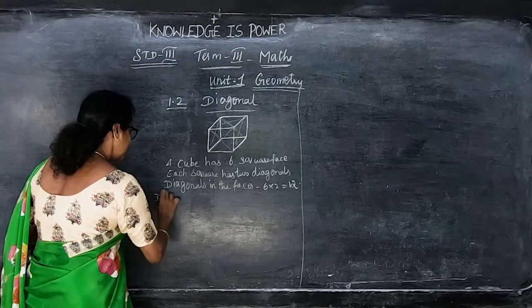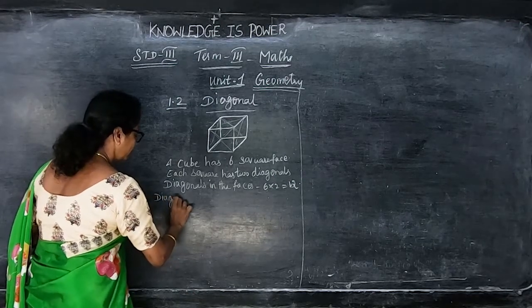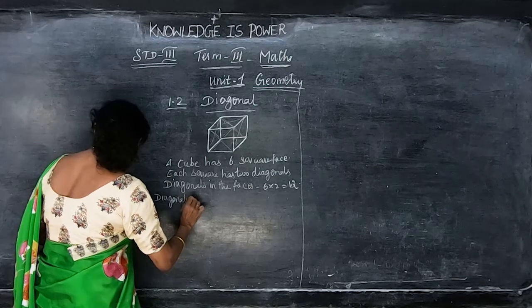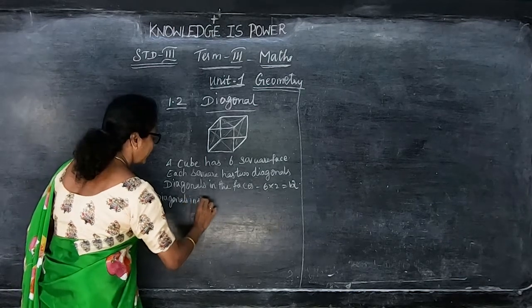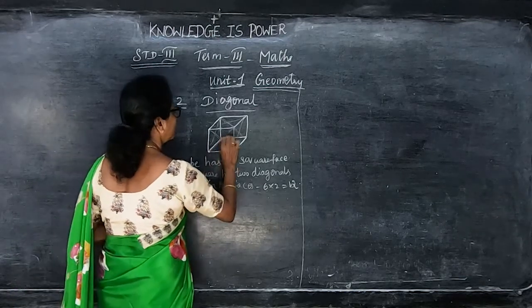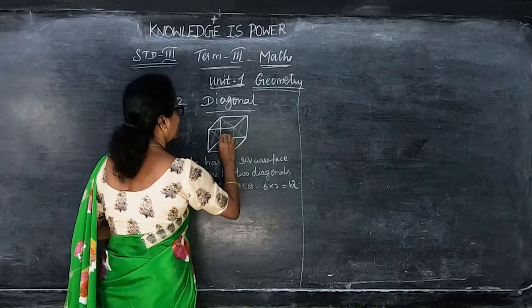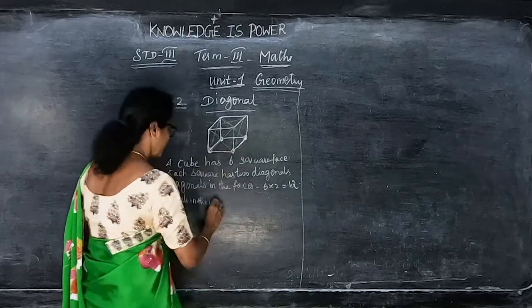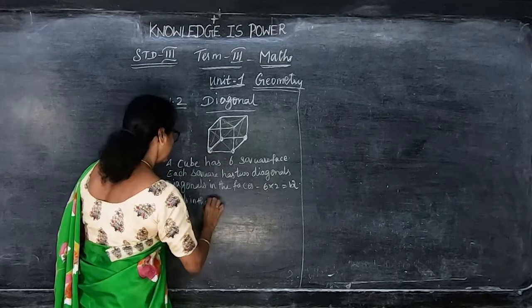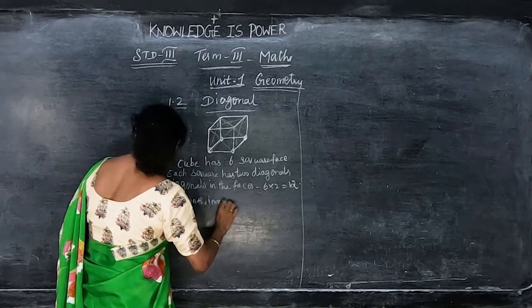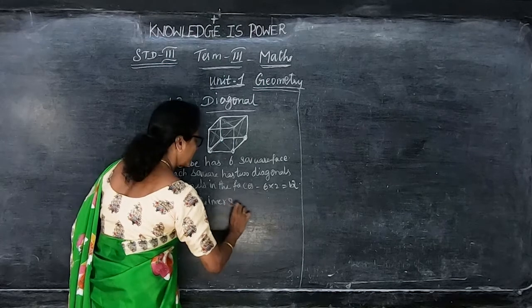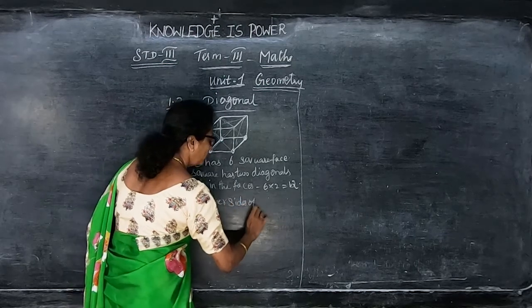And the diagonals inside, in the inner corners, diagonals in the inner side of the corners: 1, 2, 3 and 4. Can you understand? Here diagonals in the inner sides of 4 corners.